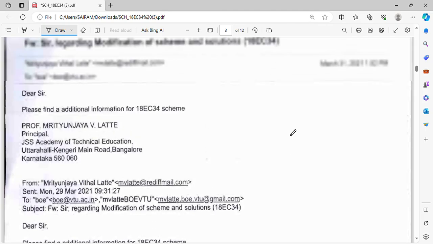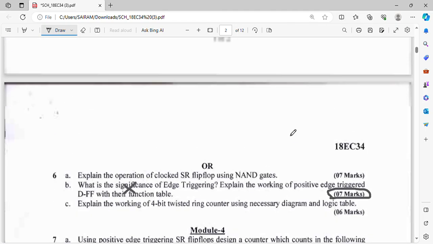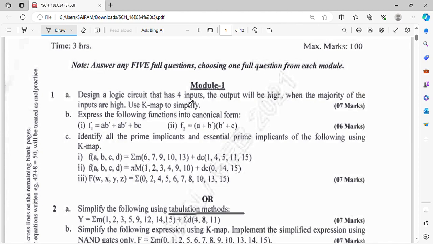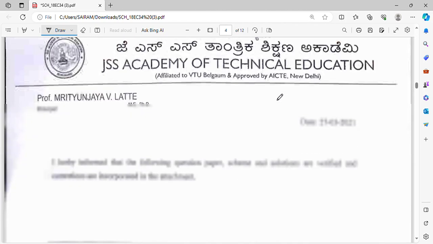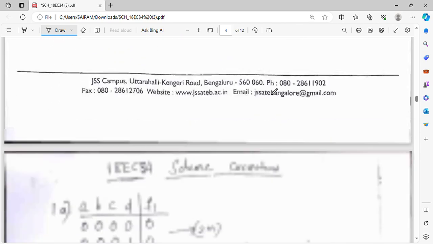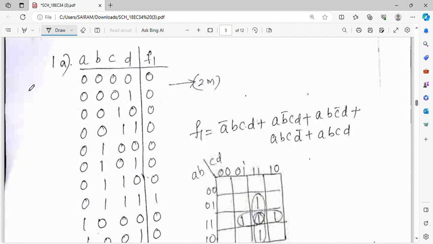Now what is the first question? He is asking you to design a logic circuit that has 4 inputs. The output will be high when the majority of the inputs are high. What does that mean? First, you will write the binary values of decimal numbers from 0 to 15, right? When you write that, your output will be 1 when the majority of the inputs is 1.